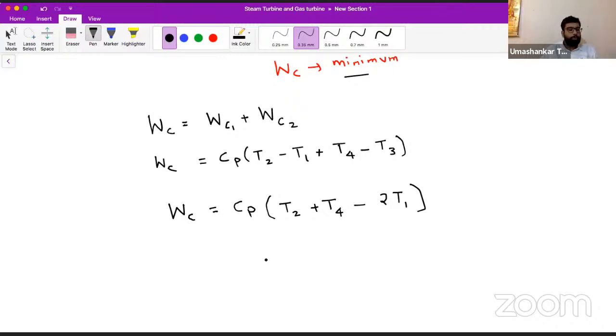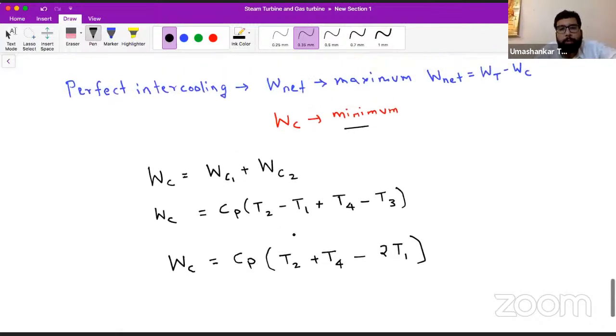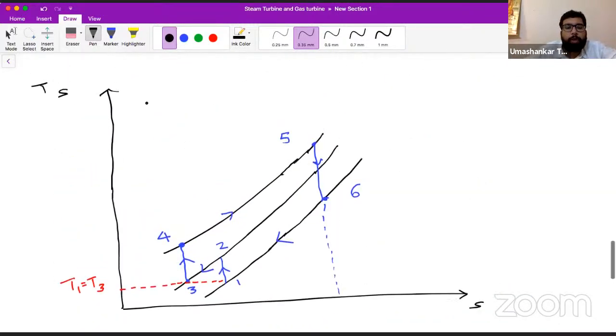So what we want is to find what would be the intermediate pressure if we have a lower pressure and a higher pressure.